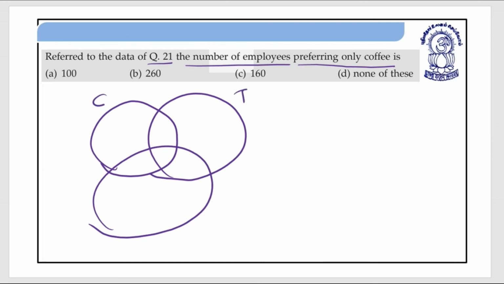Coffee, tea and so here C intersect T is equal to 28. C intersect S is equal to 30.